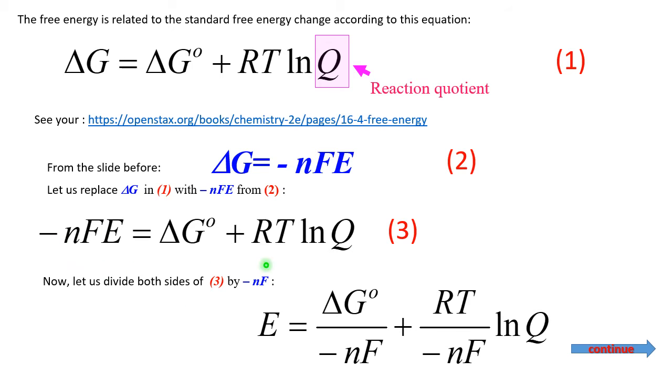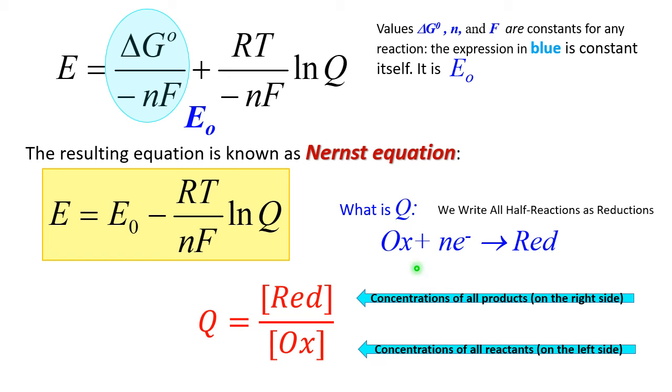Now dividing this whole expression by NF, we have E equals delta G0 divided by minus NF and RT divided by minus NF ln Q. Next, let's look at what happens.